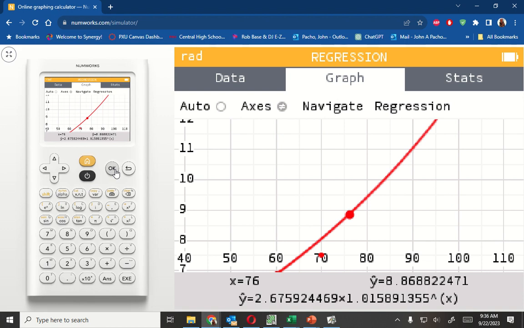Now, serious question. Does this fit the model though? It's got to be close to what? What did the question say? 8 billion people.